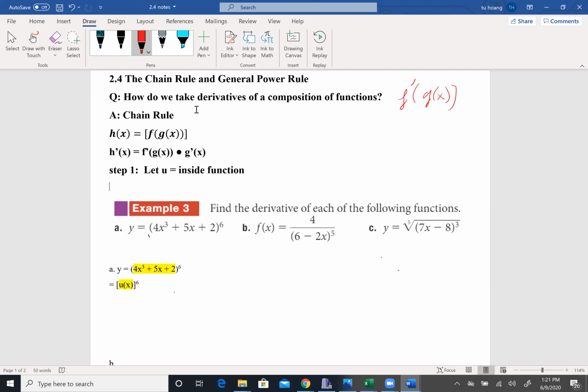When you see that a function h(x) is a combination of f and g(x), the derivative of h(x) will be equal to f prime of g(x) multiplied by g prime of x. So what does that mean? f prime of g(x) is the outside derivative, or as I'm going to say, the derivative of the outside function.